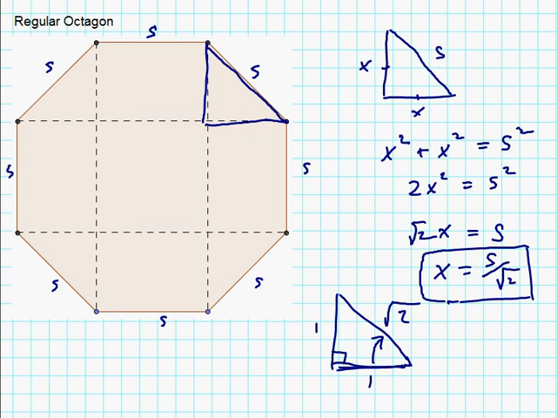How would you go backwards? If I know the hypotenuse, I have to go backwards. I have to divide by the square root of 2. And that's where we get this. So if I take this side and multiply by the square root of 2, I get that. If I take this side and divide by the square root of 2, I get that. So if that's s, then this side down here is s over square root of 2.